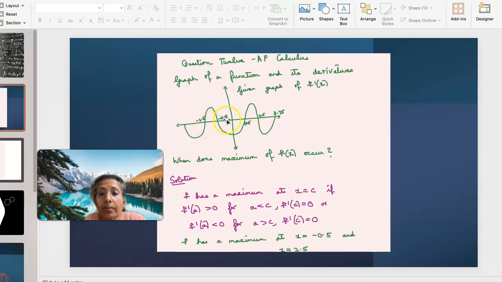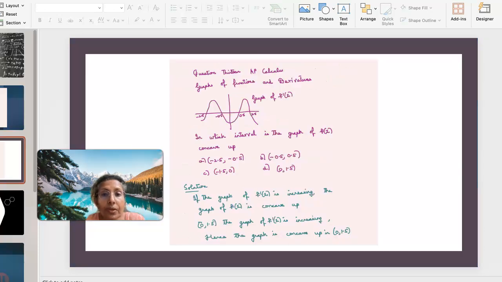But at minus 0.5, f'(x) is greater than 0 to the left and less than 0 to the right. Again, for 0.5 it does not hold. For 2.5, f'(x) is greater than 0 for x less than 2.5 and less than 0 for x greater than 2.5. So f has a maximum at x equal to minus 0.5 and x equal to 2.5.